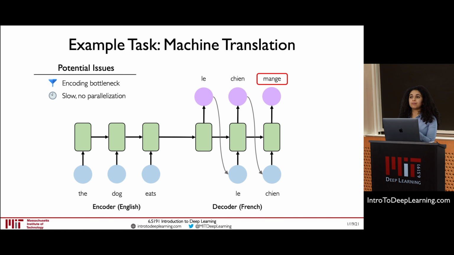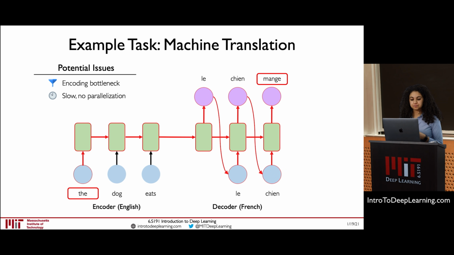We need to go from the decoded output all the way back to the original input, which will involve going through order t iterations of the network, where t is the number of time steps that we feed into our sequence. What this means in practice is that backpropagation through time is actually very, very expensive, especially when considering large bodies of text that need to be translated.